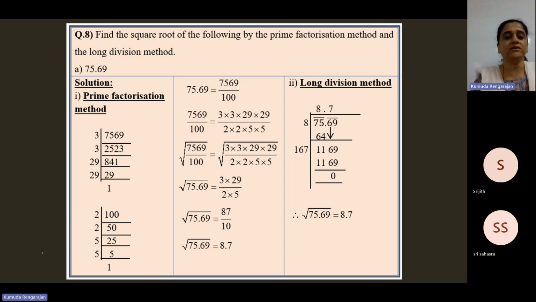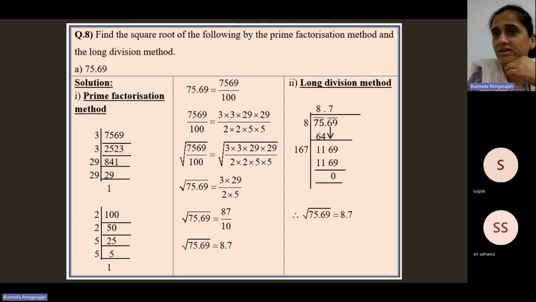Listen carefully. If you have to find the square root of a decimal number using the prime factorization method, you have to express the decimal number as a fraction by shifting the decimal point.